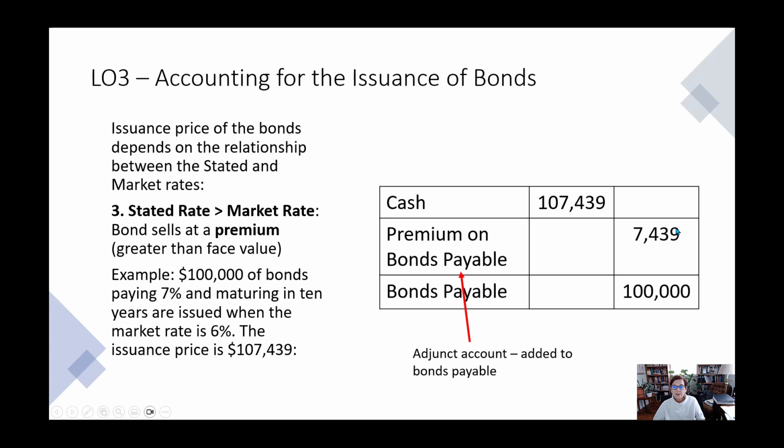What's going to happen to this premium on bonds payable? It's going to be amortized, just like the discount. It's going to go away. It's going to get smaller and smaller and smaller. And the carrying value is going to go down, down, down, down, till it hits 100,000. So let's look at what this looks like on the balance sheet.